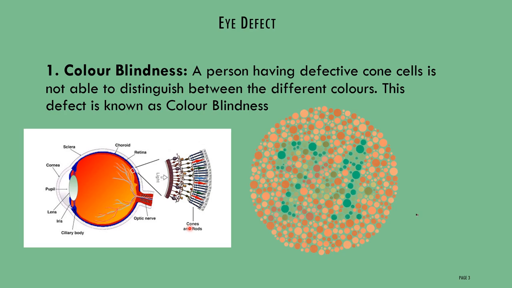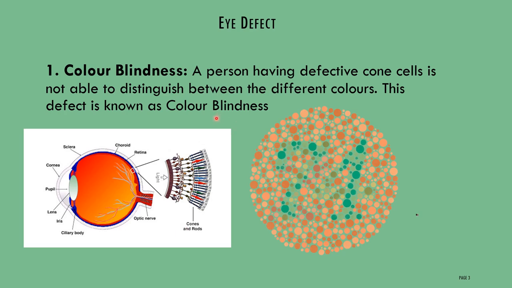They will get confused between colors, whether it is black or blue. I am giving only two examples; maybe you can correlate with some different colors. Because of the defective cone cells, that person is not able to identify a proper color.